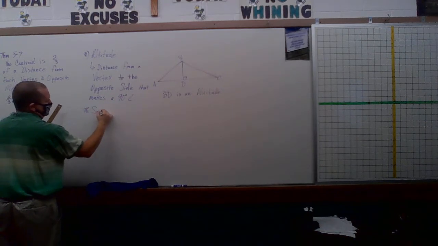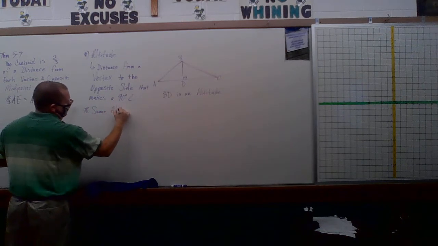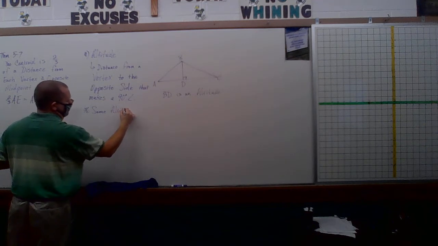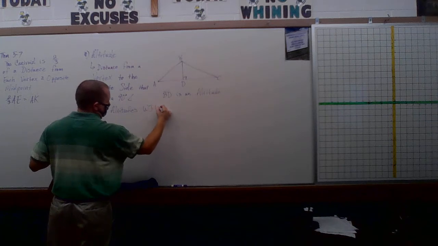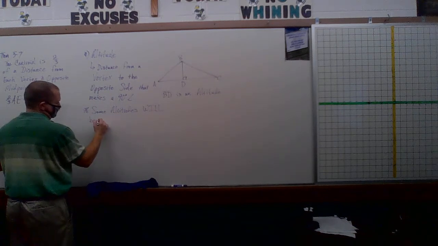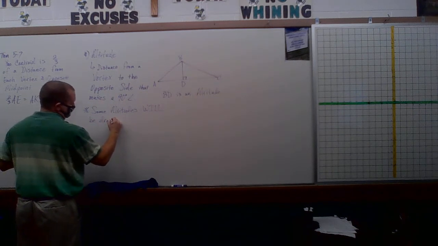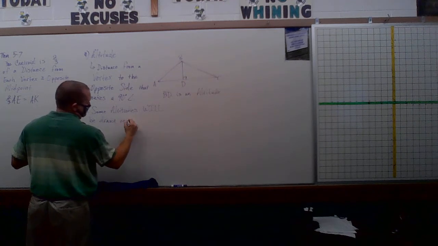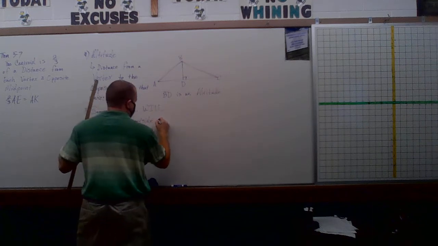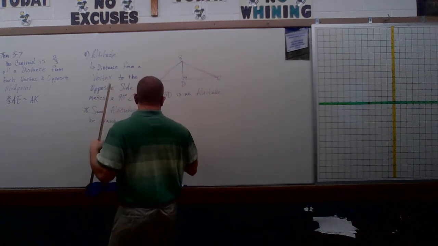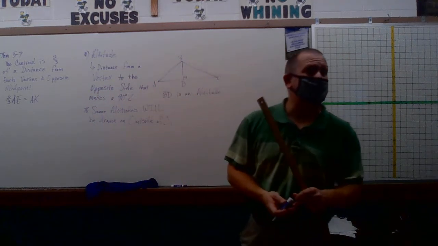Okay? So, big star here. Some altitudes will be drawn on the outside of the triangle. So how do I do that?